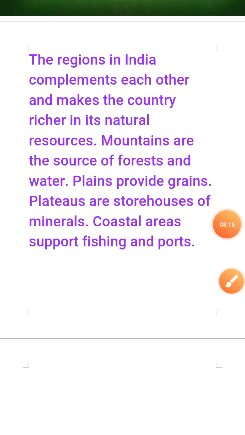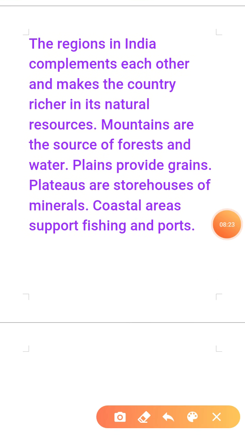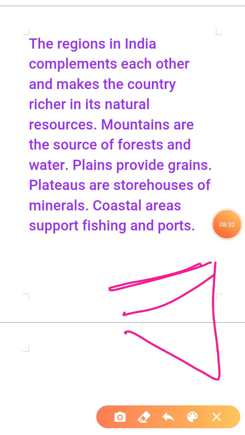The regions in India complement each other and make the country richer in natural resources. In the northern part there are mountain ranges, the Himalaya; south of the Himalaya there is the northern plain in the middle and the peninsular region, and in the south there are coastal areas. Mountains are the source of forest and water; we get different kinds of wood, forests and water from mountains.